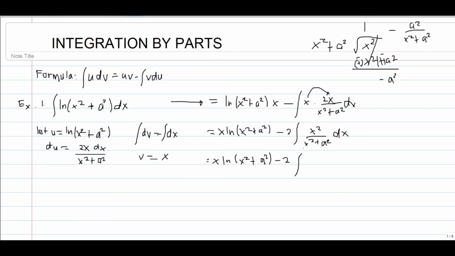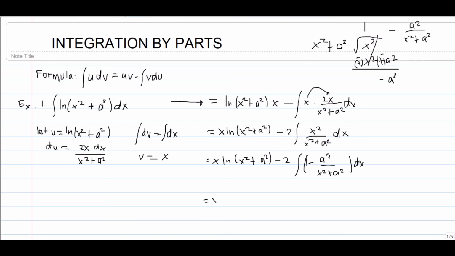So we can now write minus e squared over x squared plus e squared, and we also write dx here, so we distribute dx.